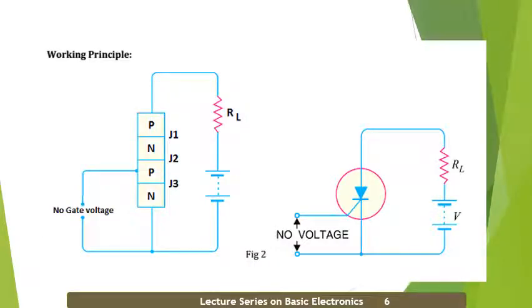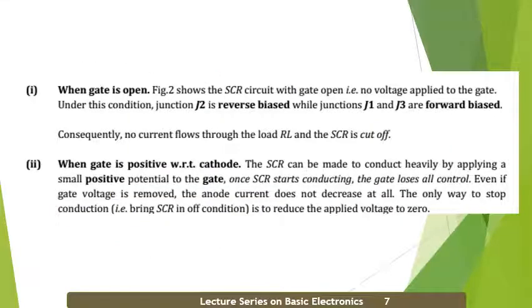Initially we have junctions J1, J2, J3, and the SCR is connected to the power supply via a load resistance. Here, we consider when we don't have any gate voltage and when we have a gate voltage.